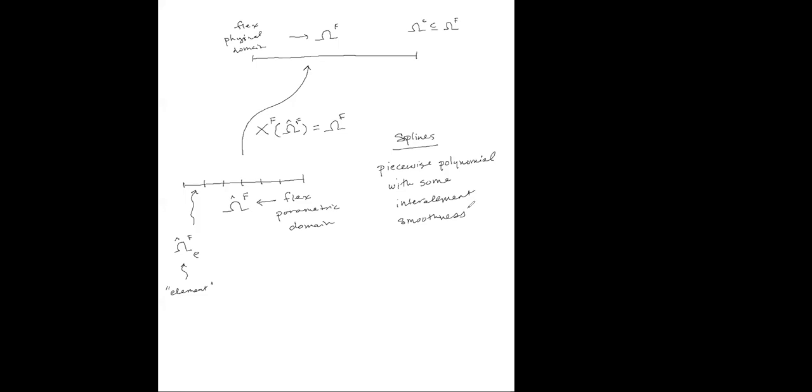Adaptivity. Say that again. Adaptivity. Okay, what is that word? What do you mean by that? Well, being able to resolve something inside of your element without needing to do extra stuff. But can't we do that with a single element by just increasing the degree?